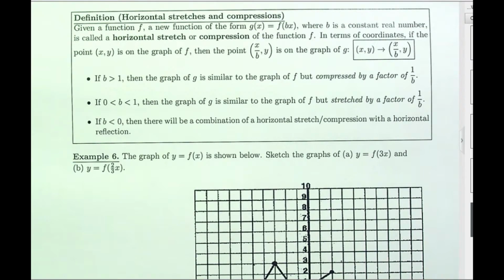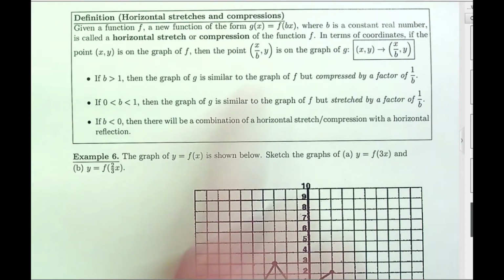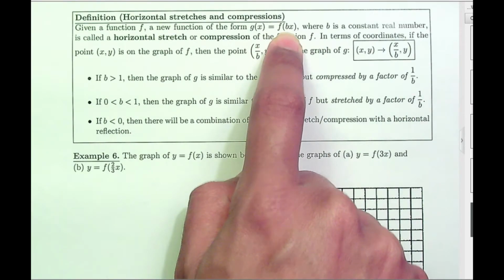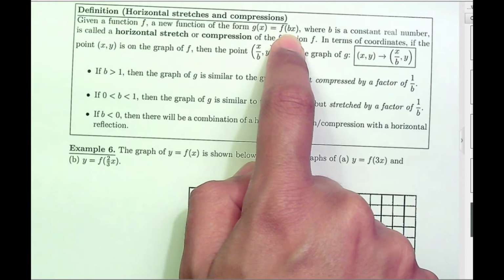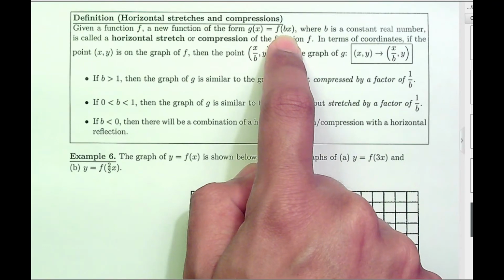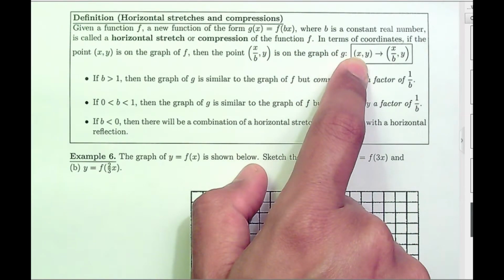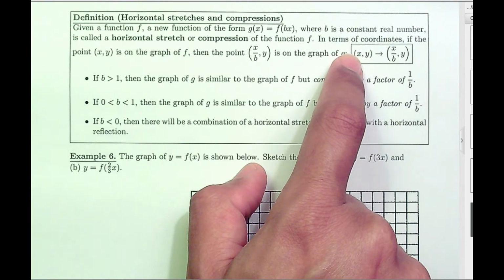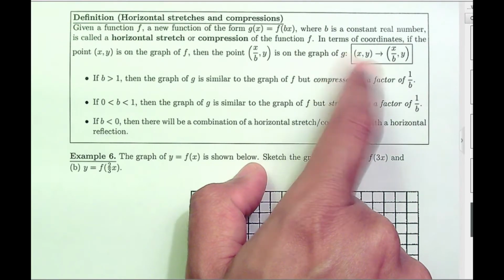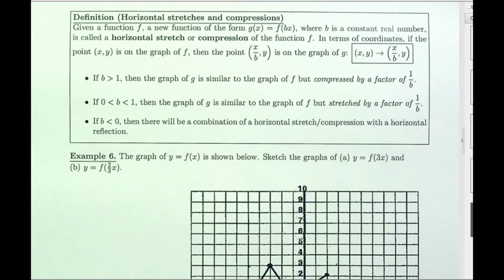And remember also that when it's a horizontal transformation, it behaves the opposite of what you would think. So even though you're multiplying by b in the formula, in the graph, the actual transformation that is happening is that the x coordinate is being divided by the constant. So instead of multiplying x by b, you're going to divide it by b because you do the opposite of what you think you should be doing.